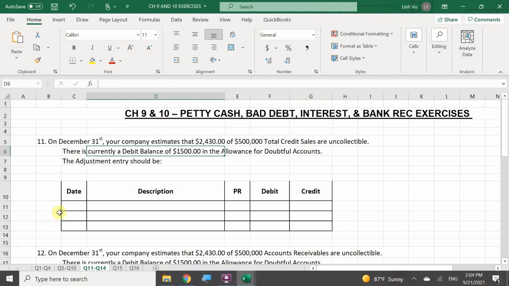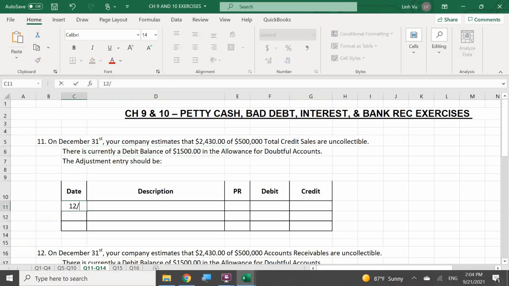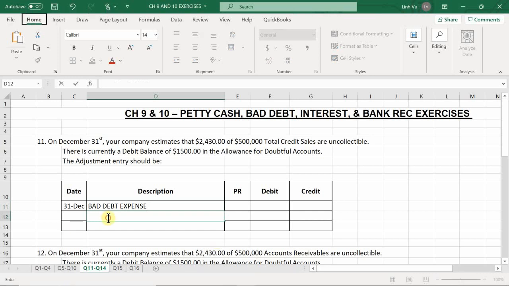So therefore, I can safely assume this is the income statement method, which tells me that when I write my bad debt expense off, I'm going to write it off for the total estimated amount.